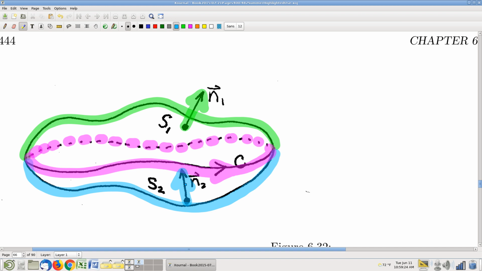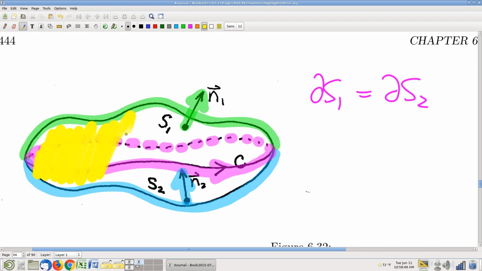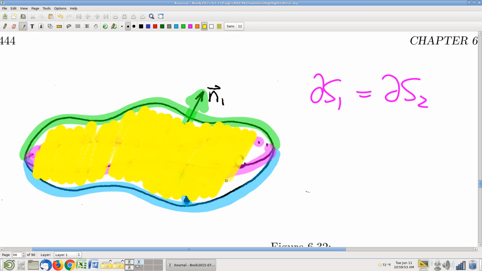Okay, and now let me remind you that not only do these two surfaces have the same boundary curve, right? Boundary of S1 equals boundary of S2, but between the two of them, they make up the boundary of a solid. Now that solid is going to be hard to, it's this big lump, the big potato that's in between there.